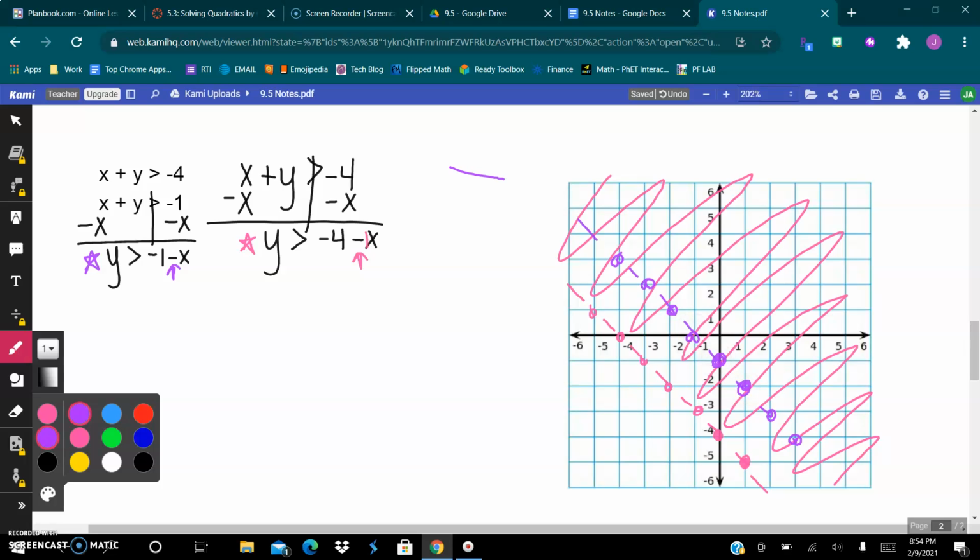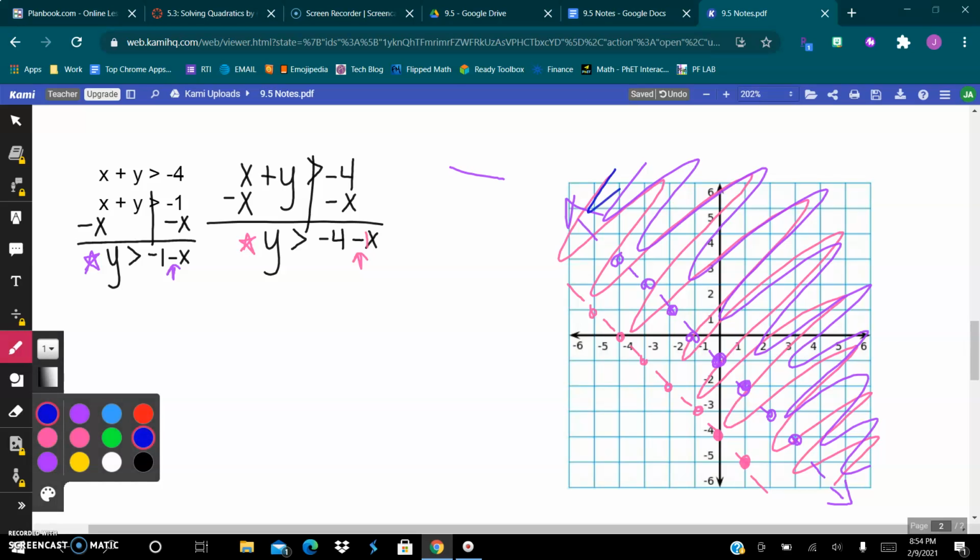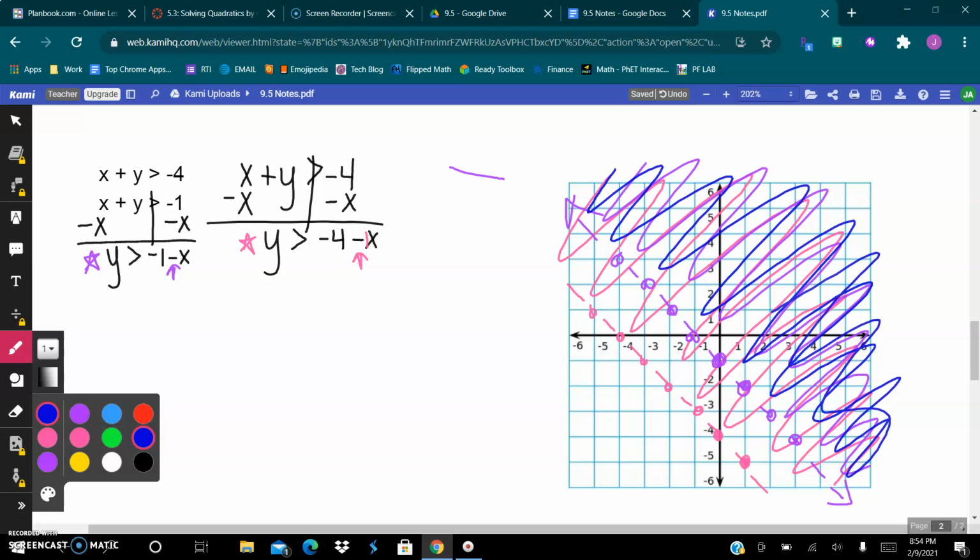That means we're not including any points on that line either. And y is greater, so we're going to shade above that line. They overlap here above the purple line. Any ordered pair that fits into that shaded region is a solution to our system of inequalities.